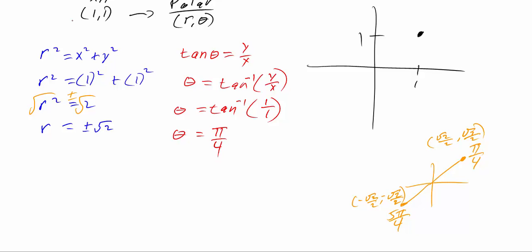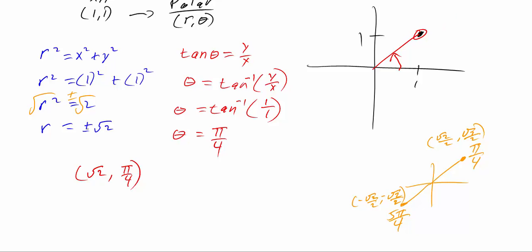So it looks like we would have r is equal to square root of 2, and the angle is pi over 4. Well, if we rotate around pi over 4 and we go out square root of 2, it looks like we would get to that same point here in the first quadrant.